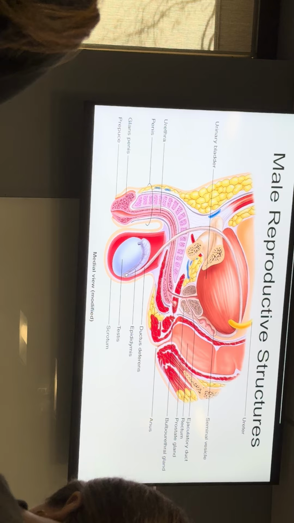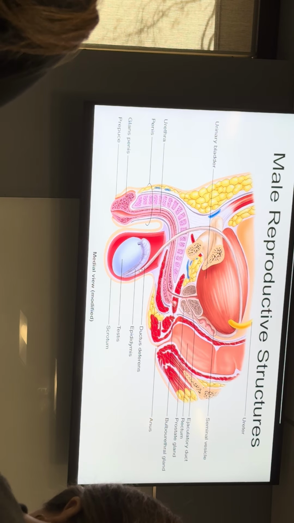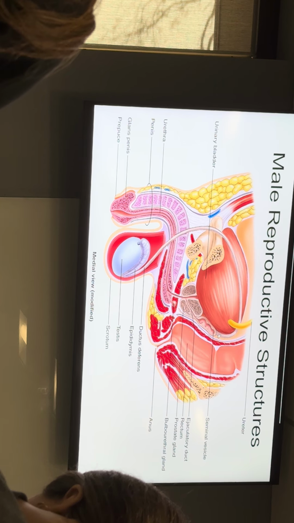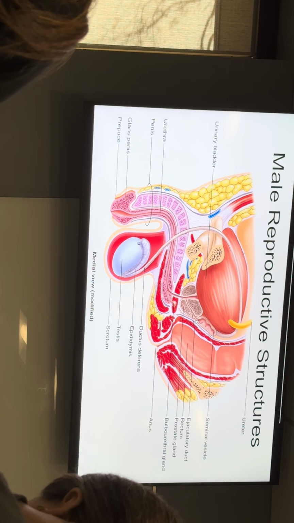Then from your epididymis, you have your ductus deferens. I learned it as vas deferens a long time ago. They're both correct. Your vas deferens or ductus deferens goes up and around behind the bladder, and fuses together with the seminal vesicle to form the little ampulla.